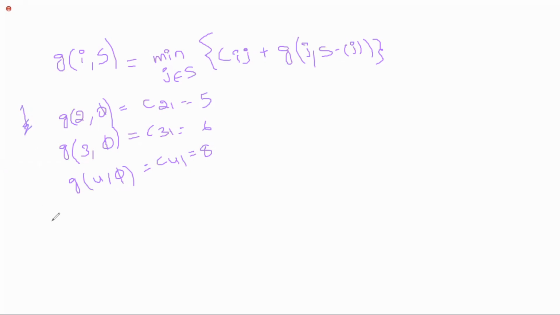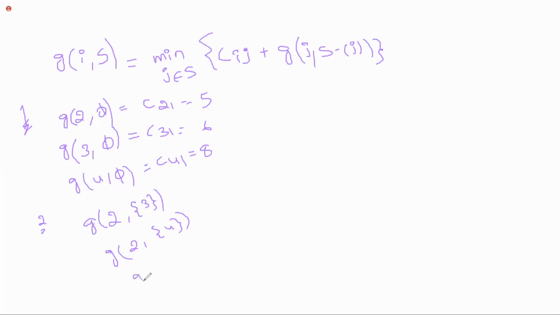Okay, now I am writing step 2. What am I writing in step 2? Observe carefully. G of, from 2, how many vertices are possible? 3 is one possibility. 4 is another possibility. Here I considered no more vertices to visit.